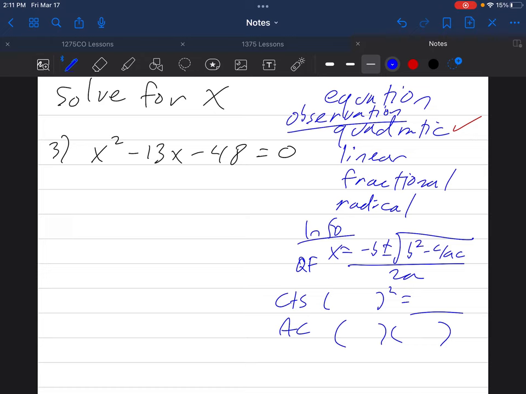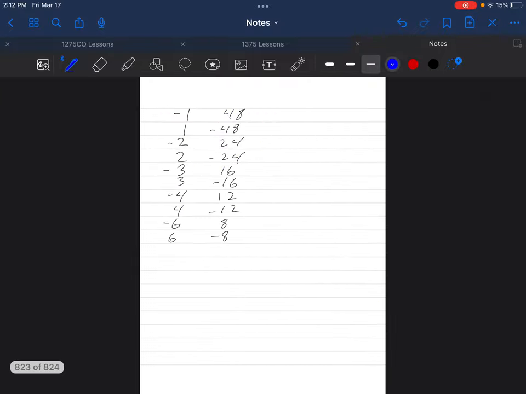So let's go through factoring once again. Right, factoring means because a is equal to 1, we're taking this number, negative 48, and we're trying to find all the factors of 48. And we're looking for the one that adds up to negative 13. 48 has a lot of factors.